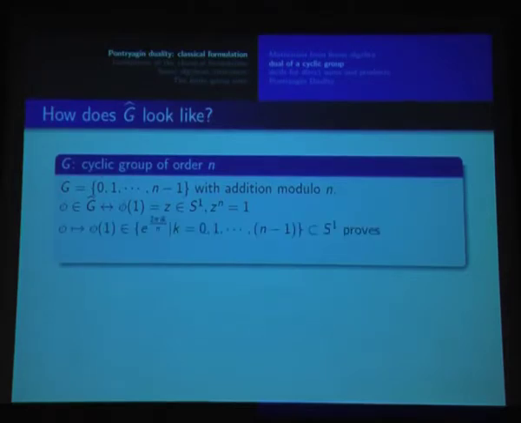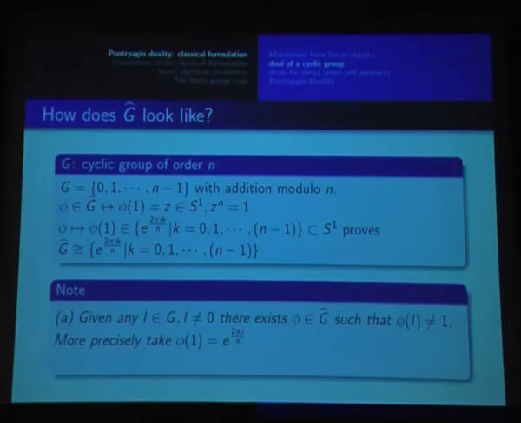So, there is a correspondence, namely if I map this group element phi from G hat to phi of 1, then this map is a bijective correspondence, and phi of 1 takes value in the set of nth roots of unity. As this is a bijective correspondence and it preserves the group law, this shows that G hat, the collection of all such homomorphisms phi, which are specified by specifying phi of 1, is isomorphic with this group, and note that this is also a cyclic group of order n.